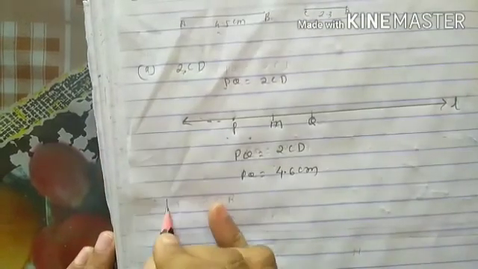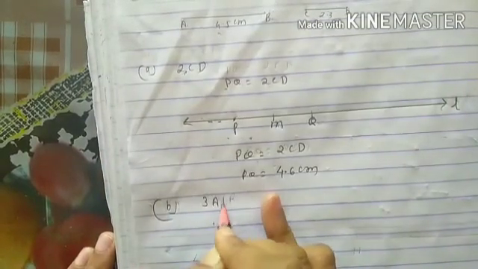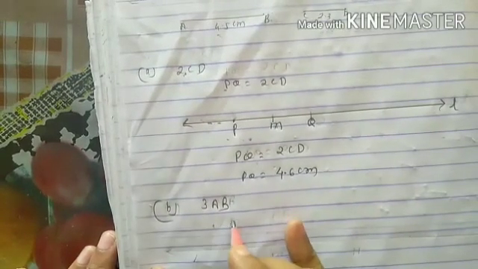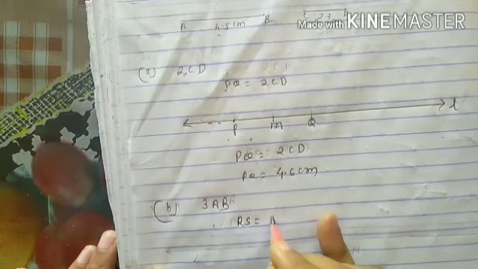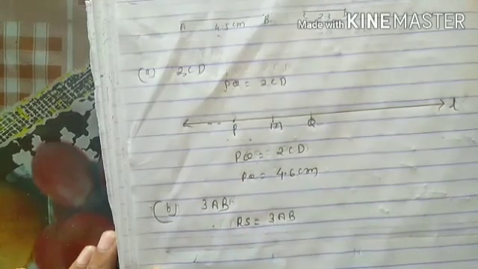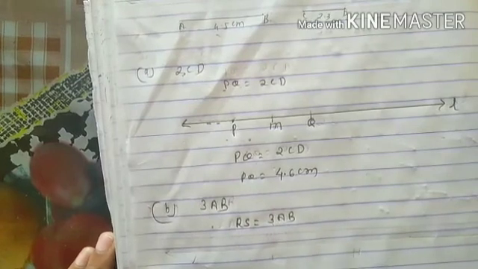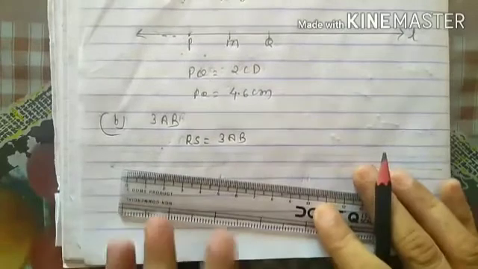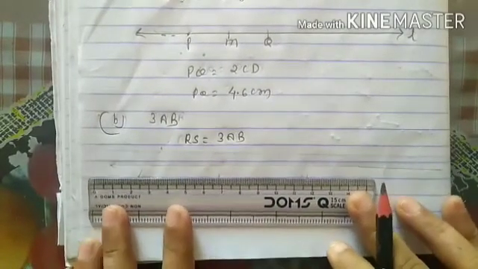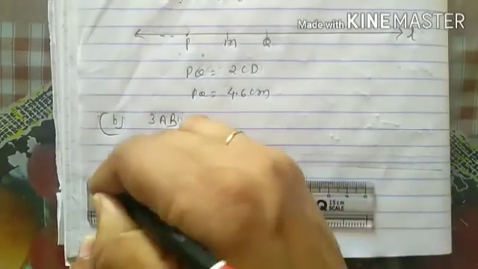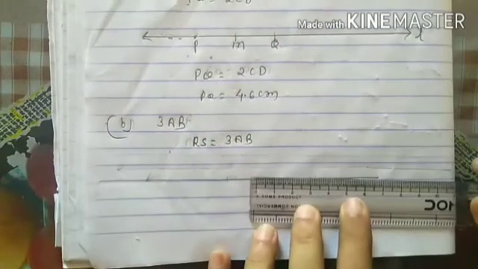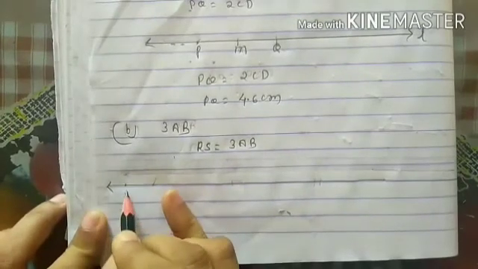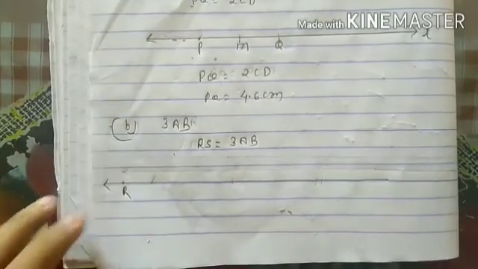Next, 3AB. So let us construct RS is equal to 3AB. So here we have to construct AB plus AB plus AB. For this, draw a line, take a point R on it.